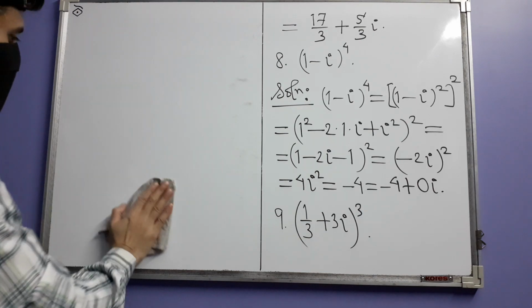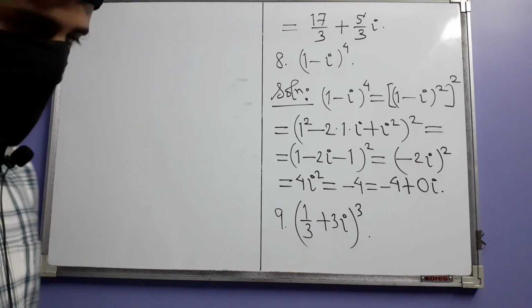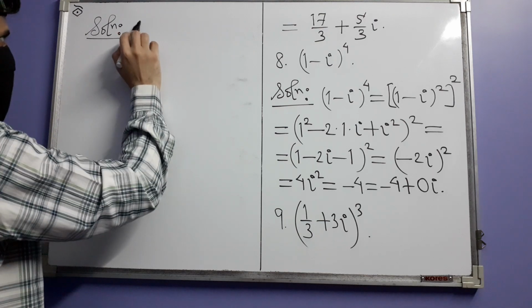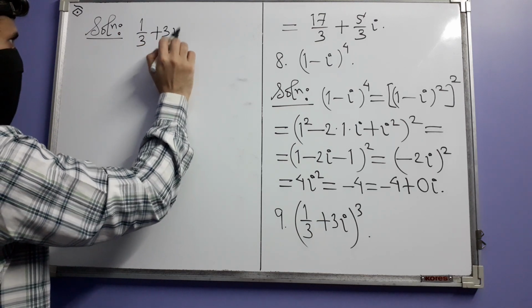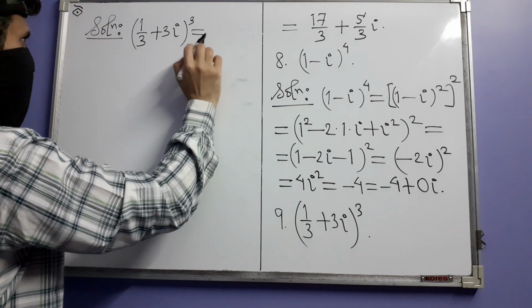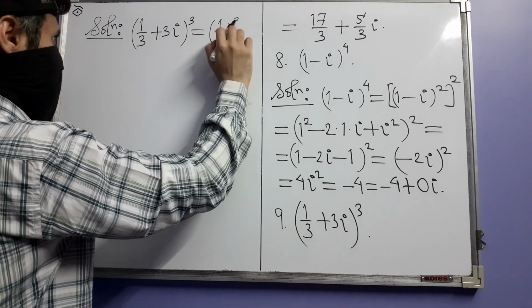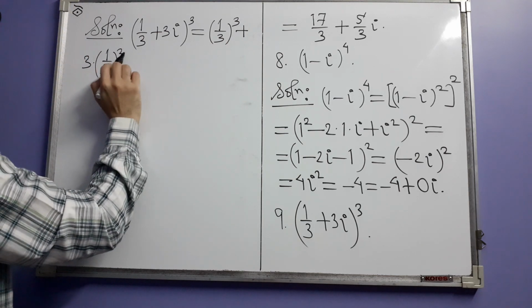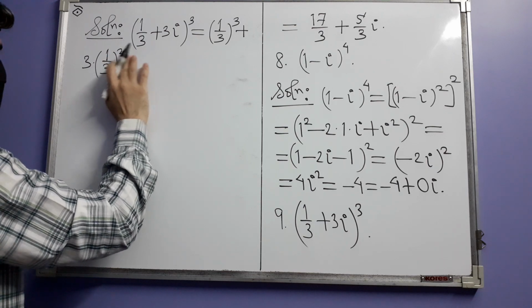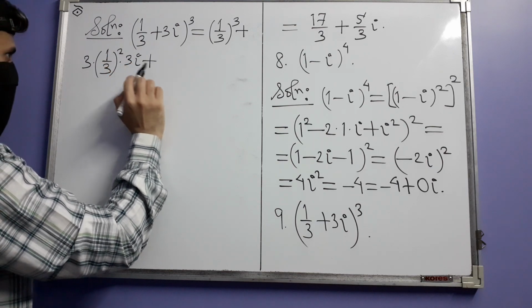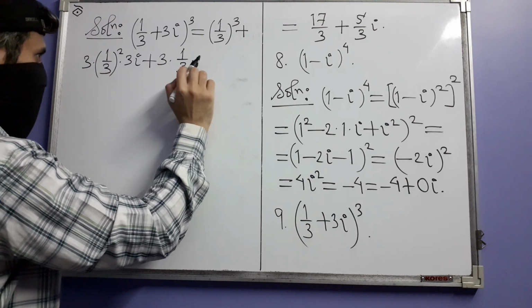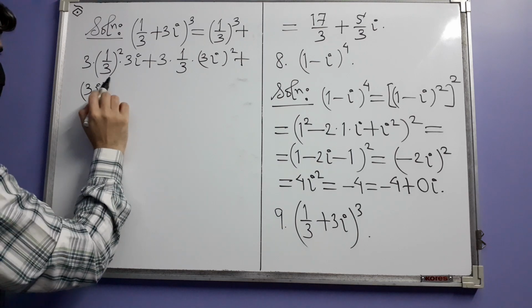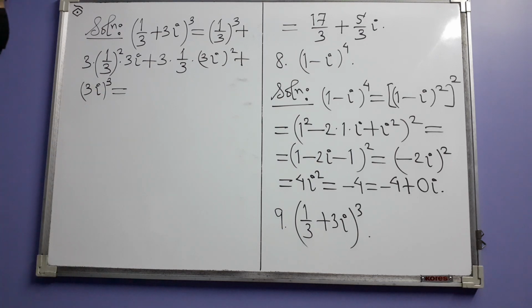There is no change in the form of the formula. a cube plus 3 times a square times b plus 3 times a times b square plus b cube. Okay, now you have to carefully do the calculation.